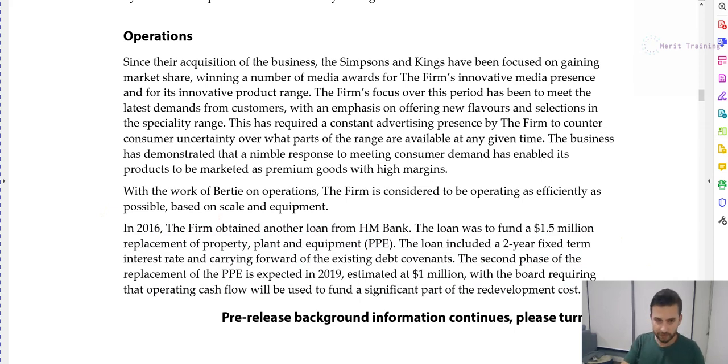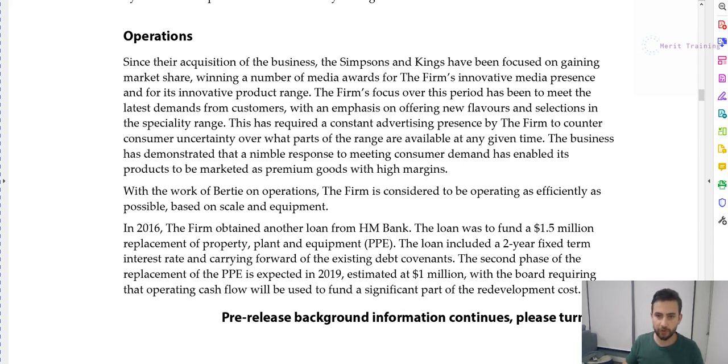So I'll say in 2016, firm got another loan equal to $1.5 million for replacement of PP&E. Loan included 2-year fixed term interest, carry forward of debt covenants.